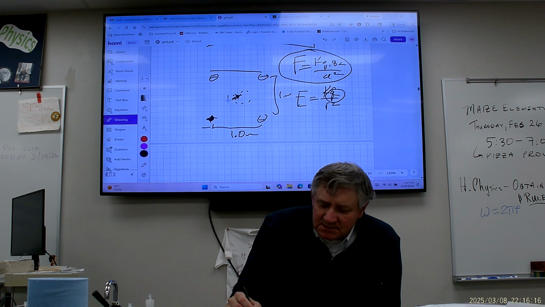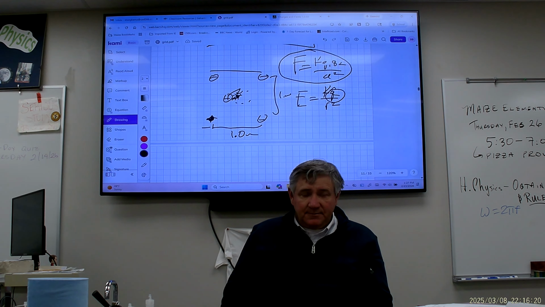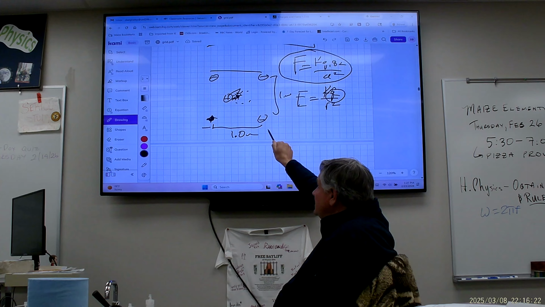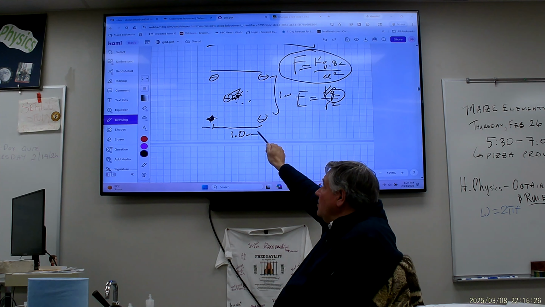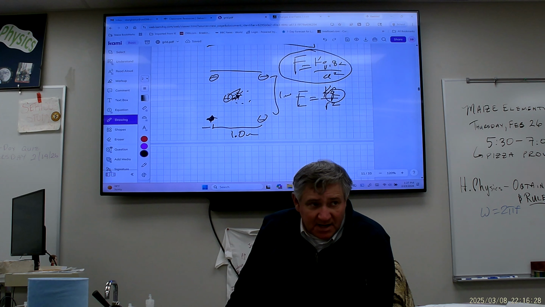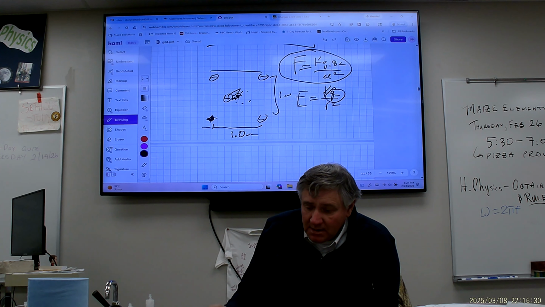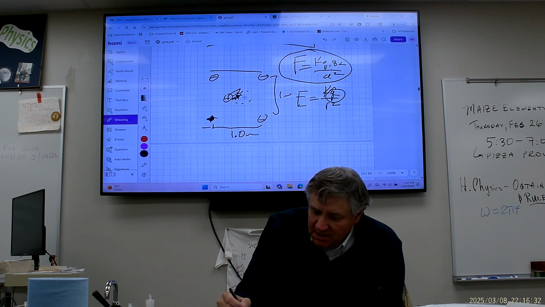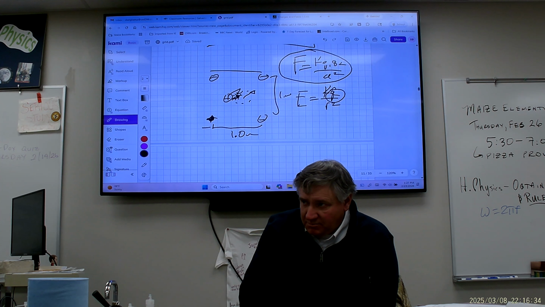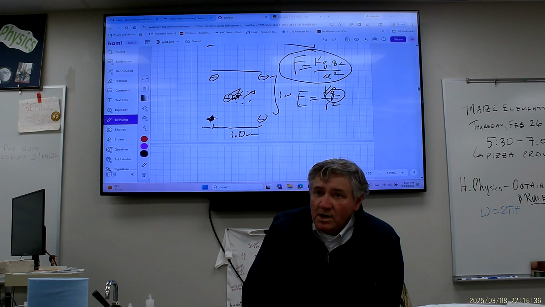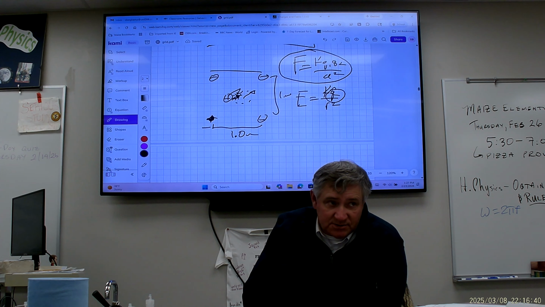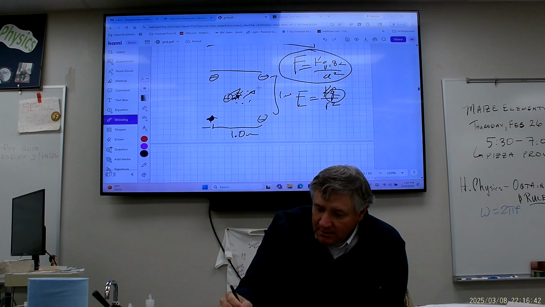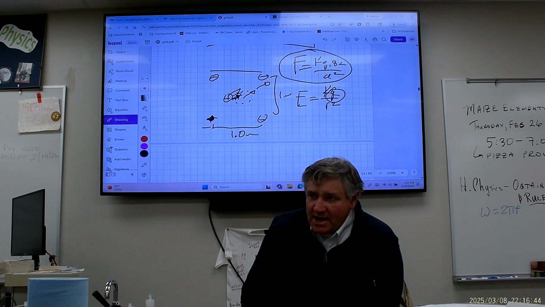If I put a positive test charge in the middle, as fields are defined, what's it going to feel from the positive charge in the bottom? A repulsion, so it's pushed this way. What's it going to feel from the top right negative charge? Attraction.